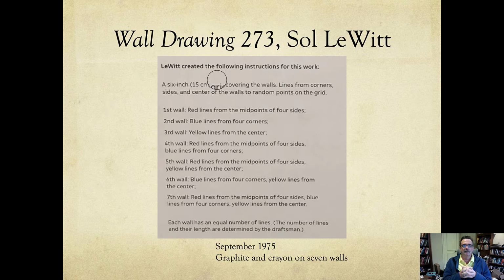The fact that LeWitt was an artist and created these rules. This is also a model, and the model, when manifested or executed, then produces the walls. So it's interesting from a number of different perspectives, but it's just a classic example of using rules and rule-based modeling in order to create art.